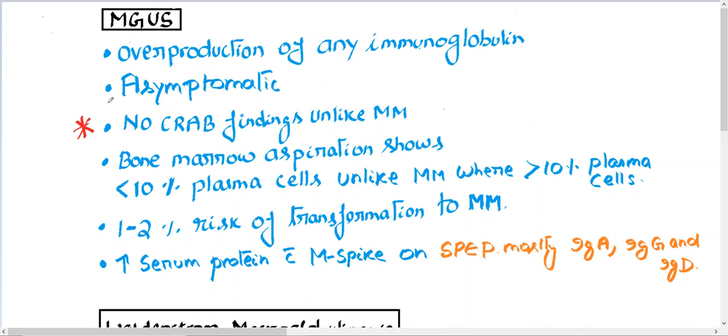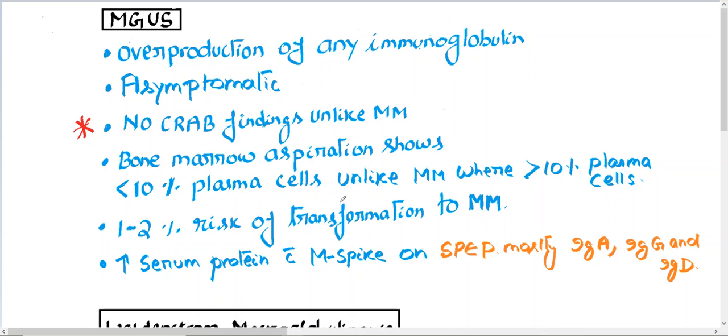It is an asymptomatic condition, unlike the symptoms we see in multiple myeloma. In multiple myeloma we see CRAB findings, but there are no CRAB findings in MGUS. And what are CRAB findings? That is hypercalcemia, renal failure, normocytic normochromic anemia, and lytic lesions in the bone, which are absent. So, no CRAB findings.